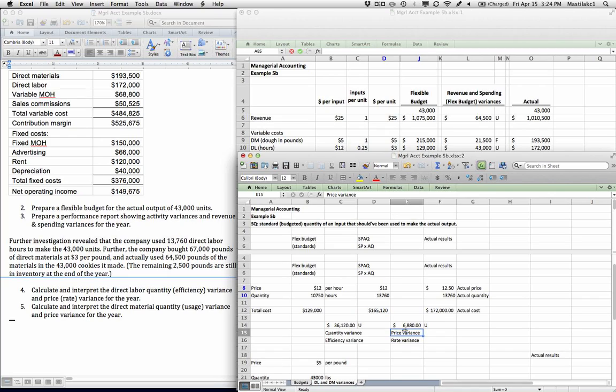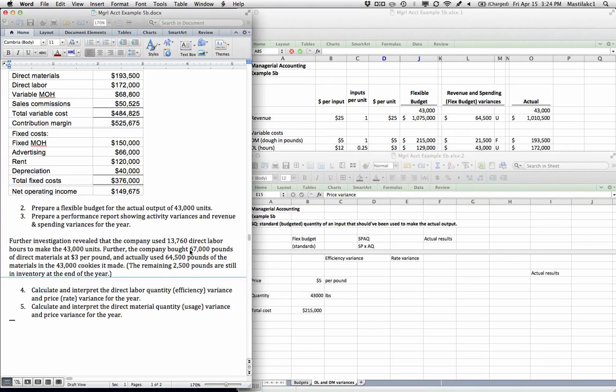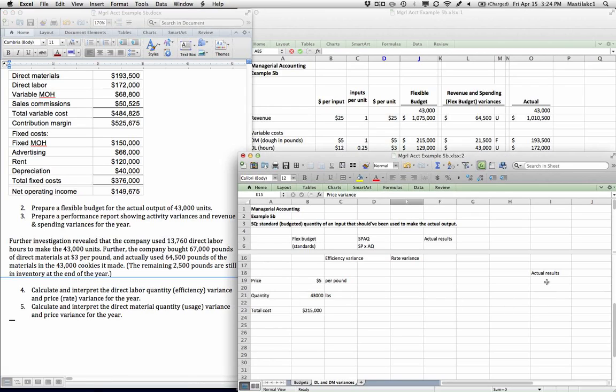Our price variance is going to be used to evaluate the performance of the purchasing manager who's in charge of purchasing. So our actual results for purchasing should depend on the amount of material that was purchased. The purchasing manager is in charge of what's purchased, not what's used. So in this case, our actual results need to reflect that we bought 67,000 pounds of direct materials at $3 per pound.